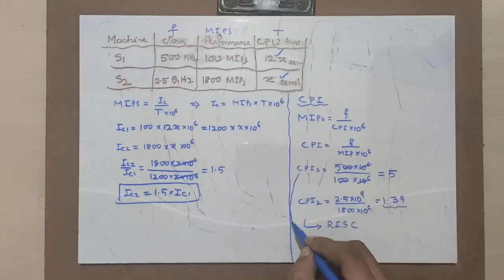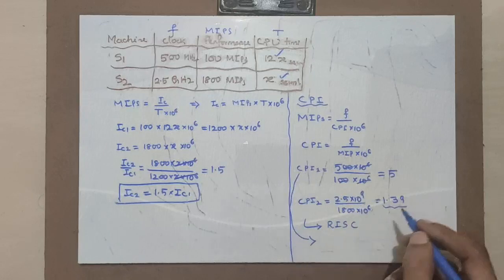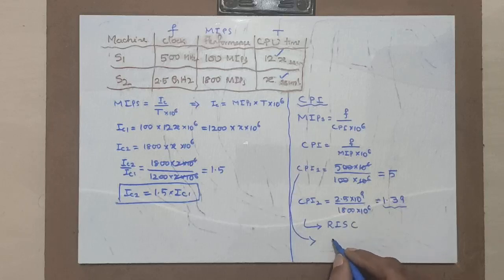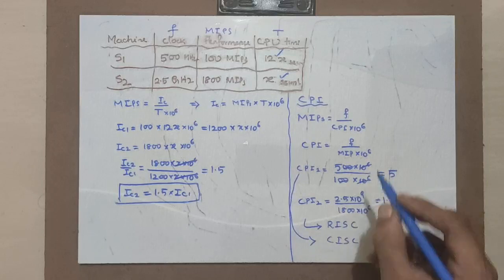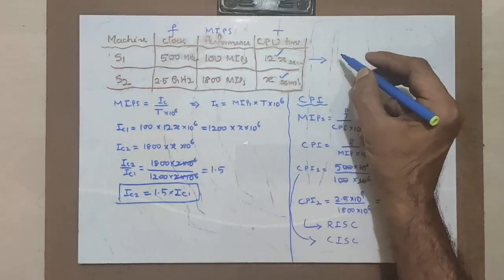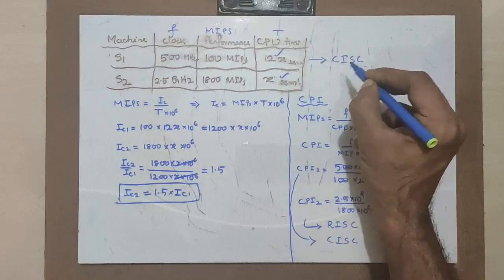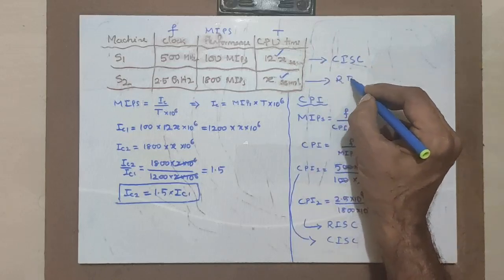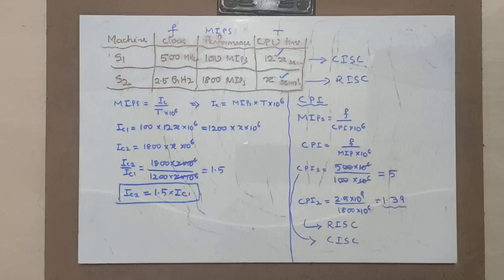The first machine takes 5 cycles per instruction. Hence the first machine can be a CISC machine. That is the concluding fact. This takes larger time, this is a CISC machine. This is a RISC machine. This is how you can find the performance depending upon the MIPS rating and what kind of machine you can choose. All those can be done with the help of the clock, performance and CPU time.